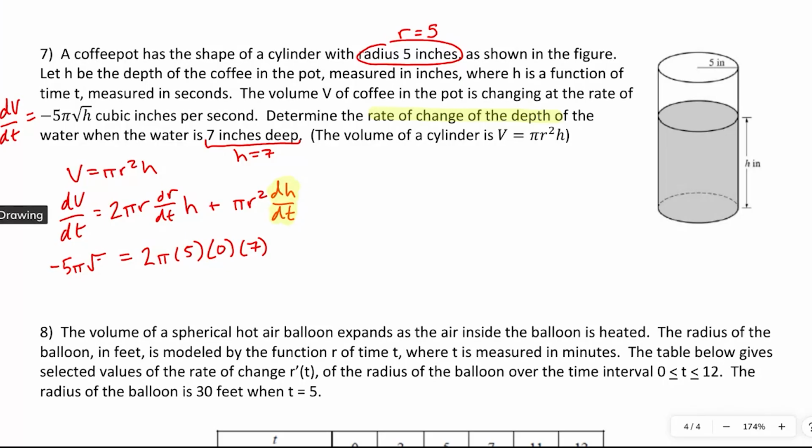Let's change that to 7. Plus pi times the radius, which is 5 squared, times the rate of change of the height. That's what we're trying to find. We don't know that yet. But notice that everything else is filled in. There are no more unknowns. It's just going to be a matter of simplifying this equation and then isolating dh/dt.